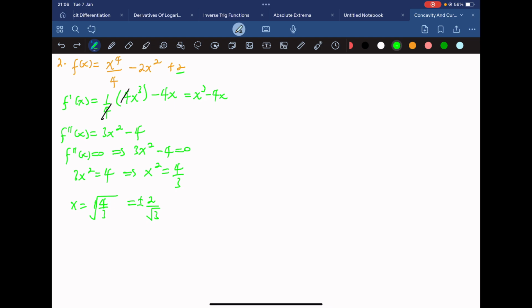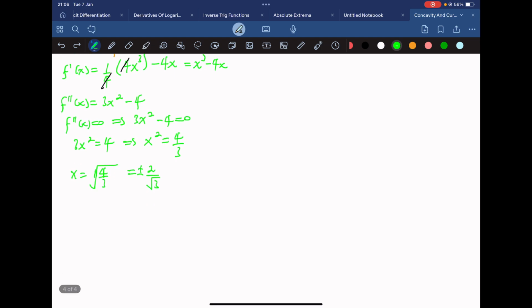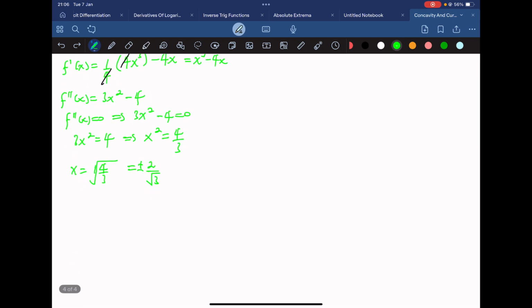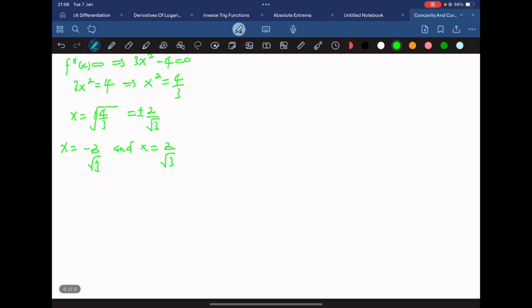And since it is a square root, we have plus or minus. So we have 2 inflection points. So we have x equal to negative 2 out of root 3, and x equal to positive 2 out of root 3. So let's see where the function is concave up and concave down.